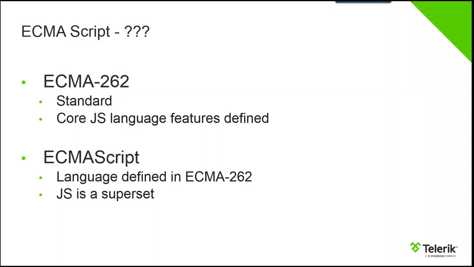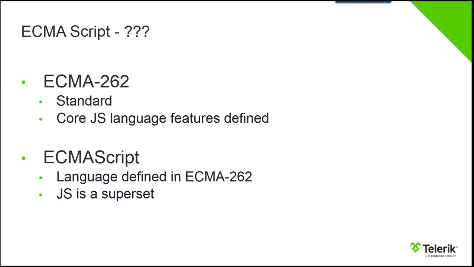JavaScript is a superset of this, because JavaScript can run in the browser, and can run on the server now with Node.js. So the JavaScript running in Node.js and in the browser is actually a superset of ECMAScript.